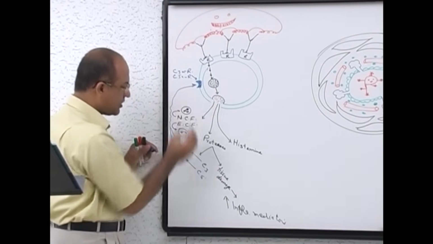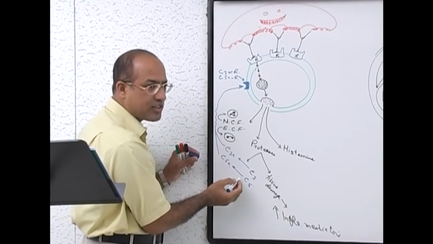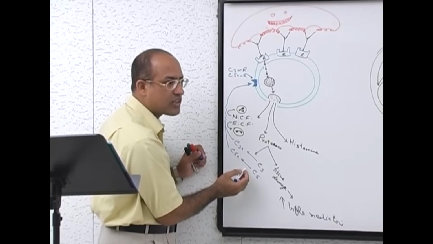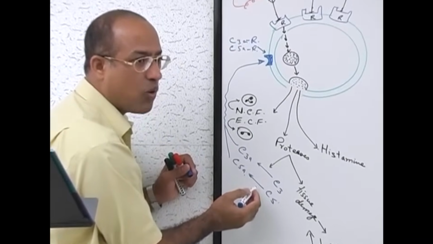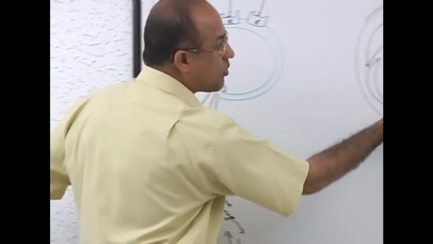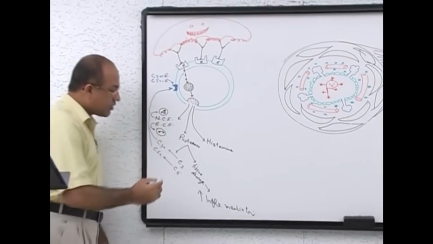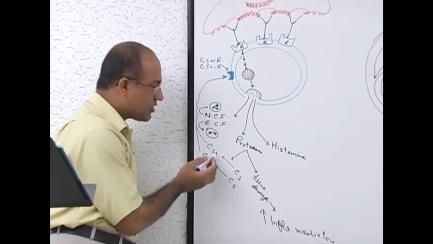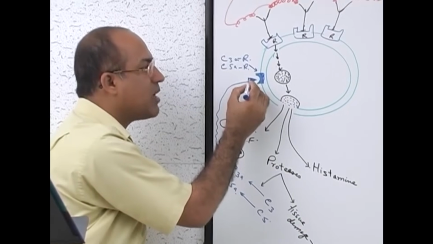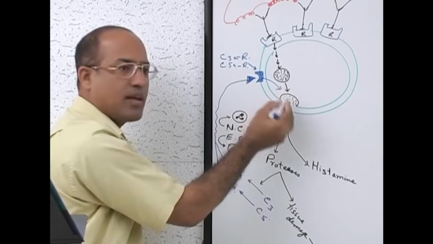When C3a and C5a are produced more and more at the reaction site, of course the reaction site is the bronchial wall, within the bronchial wall, they are stimulated. So this is the reaction site. Locally a lot of C3a and C5a is produced, and when they act on the mast cells, they will further stimulate the mast cell.